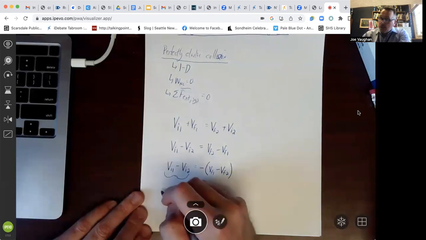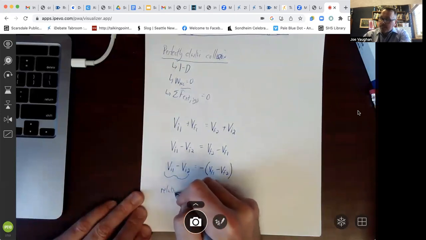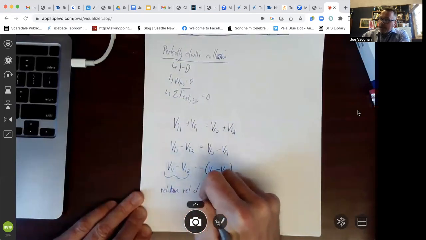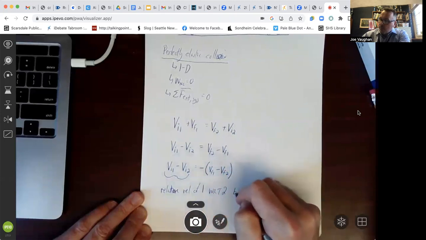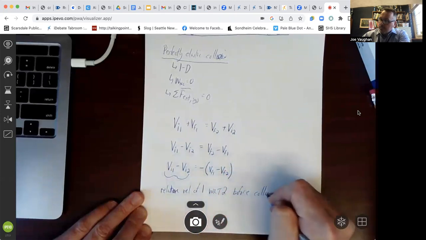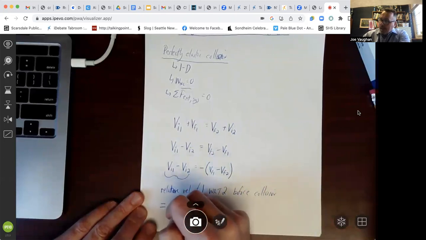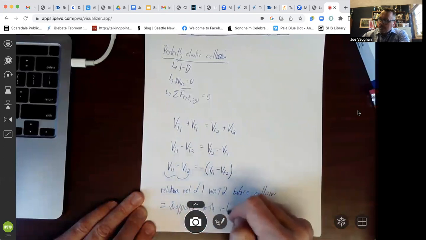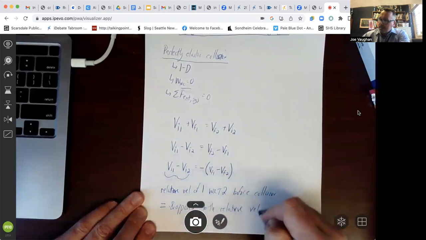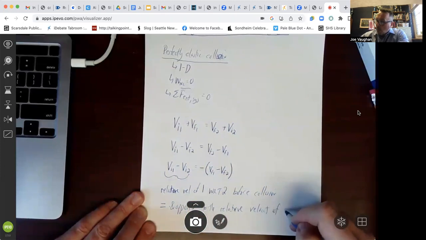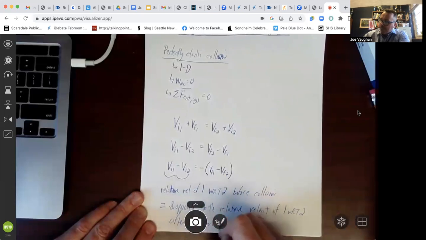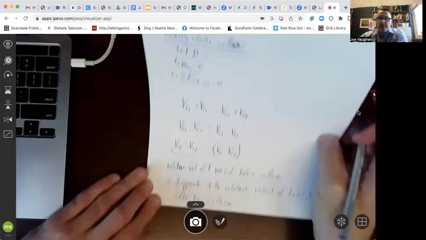This literally says the relative velocity of 1 with respect to 2 before the collision is equal and opposite, because this is a vector, so direction, to the relative velocity of 1 with respect to 2 after the collision. But I'm going to reframe that in terms of different language.